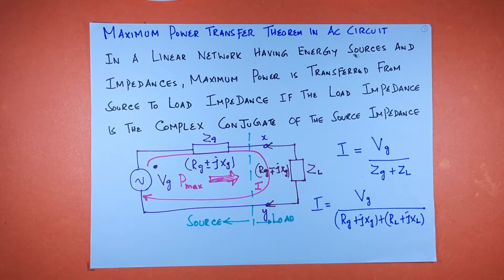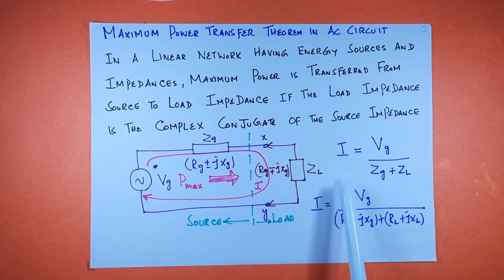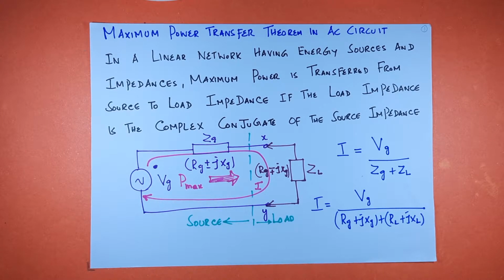Now we will try to get expressions for this theorem, and then we will try to solve one simple problem using this theorem. In this circuit, current I is nothing but the source voltage divided by these two impedances. So I equals Vg divided by Zg plus ZL, where Zg is Rg plus jXg and the load impedance is RL plus jXL.